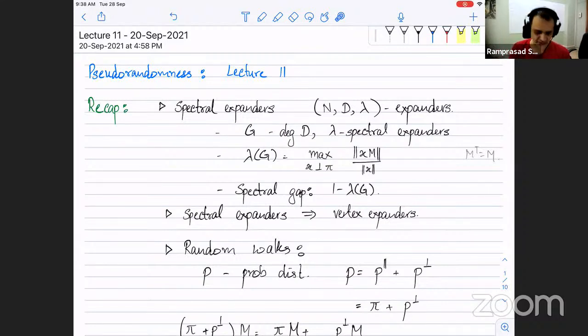Okay, that's the vector that you have. And you look at the distribution after you apply x, and you look at the norm with respect to what it was to begin with. So you're basically asking how much does the action of the random walk shrink vectors that are orthogonal to the stationary distribution.